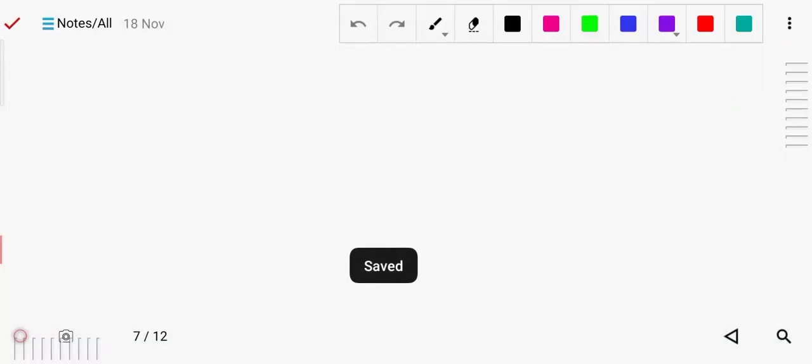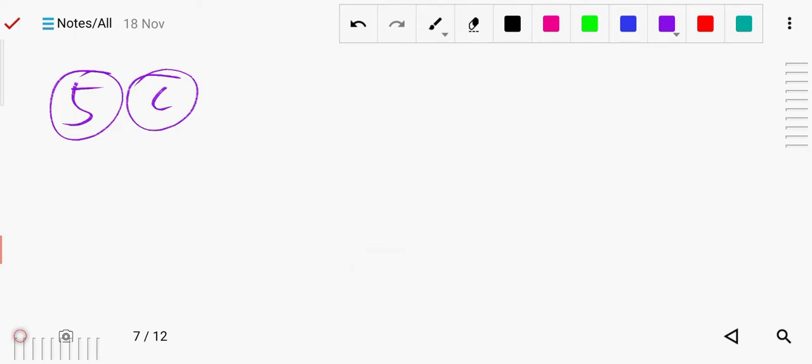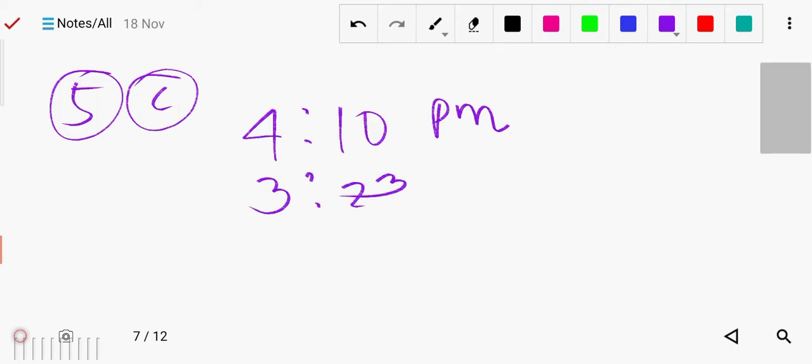So let's do question number 5, part C. It is given 3 hours 23 minutes before 4:10 p.m. Before means you have to subtract. The time given is 4:10, and 4:10 is PM. And the duration is 3 hours 23 minutes, this is your hour and this is your minute.